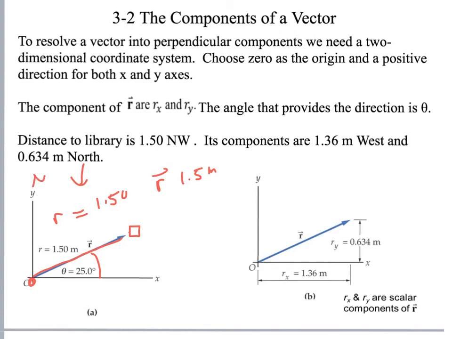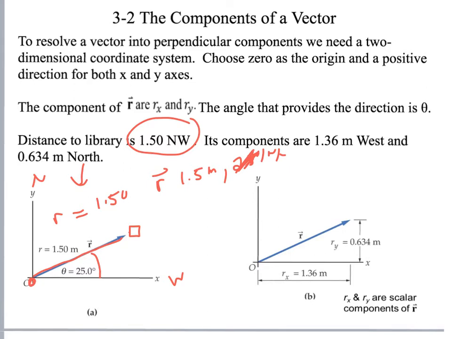If we made that north and that west, we would say 25 degrees northwest. So our vector is 1.5 meters and 25 degrees north of west. We can still even leave out the 25 degrees at this point.